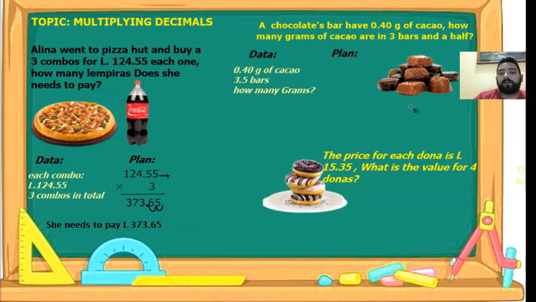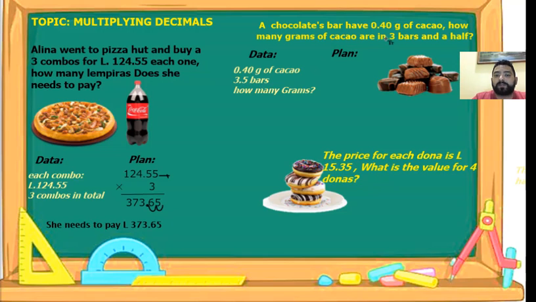Okay, so now in the second one, we have a chocolate bar that has 0.40 grams of cacao. How many grams of cacao are in 3 bars and a half? That means there are 3 complete bars and half of the next one. So in this case, we have this important data that says 0.40 grams of cacao, and 3.5 bars.